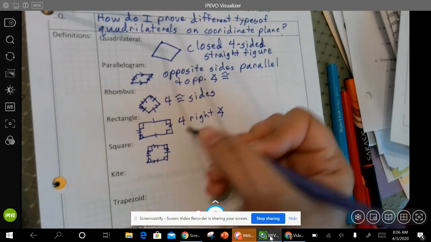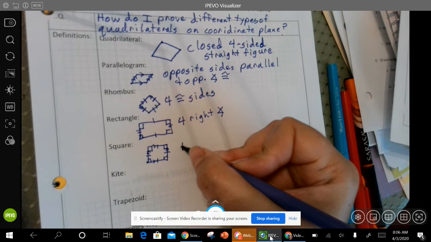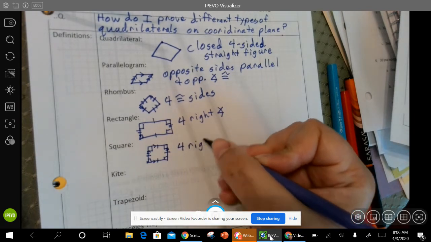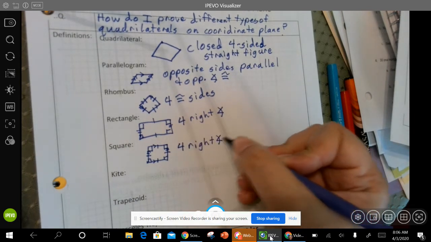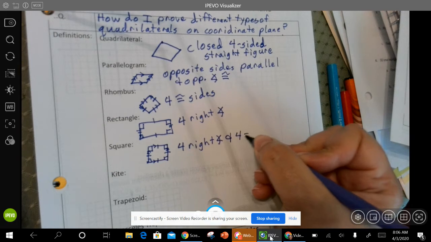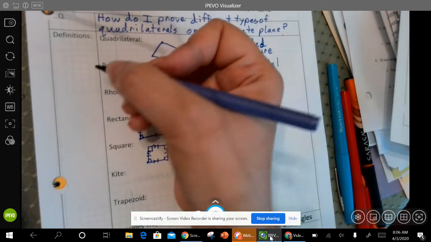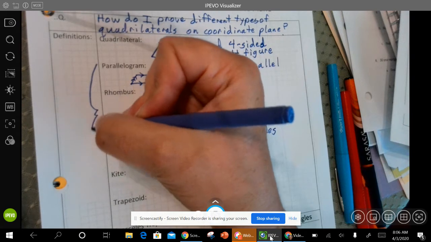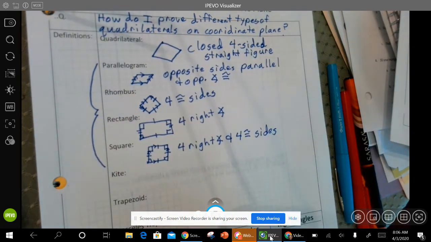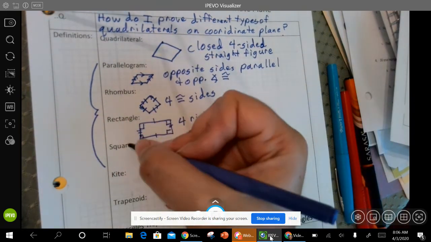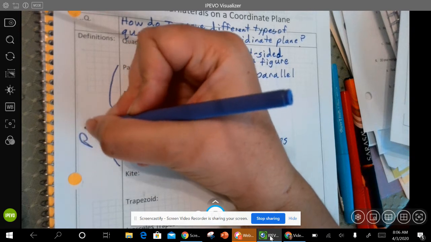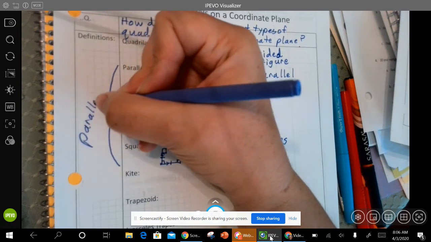So it has 4 right angles and 4 congruent sides. So all of these, parallelogram, rhombus, rectangle, and square, are parallelograms.